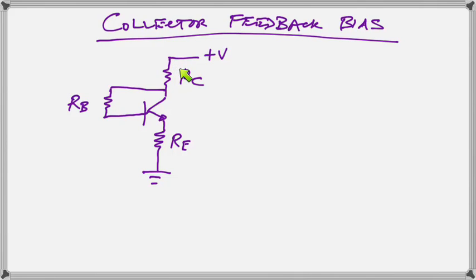It would be identical to the emitter stabilized bias if we were to take out that wire and just move it up to V. So this is just a slight change here, and it provides some sort of feedback from the collector circuit to the base circuit, but is a further method to make the transistor more stable.